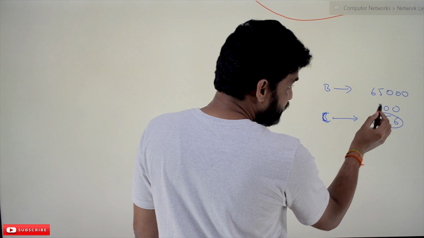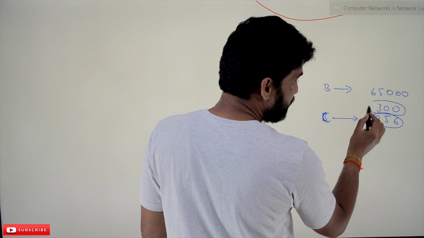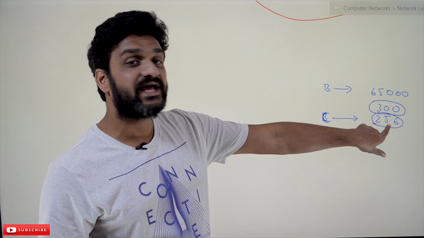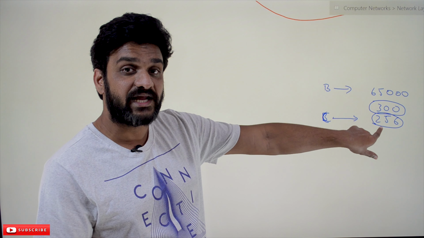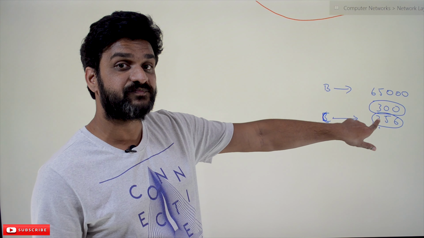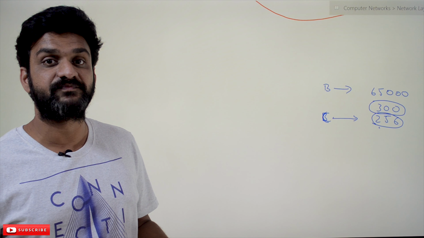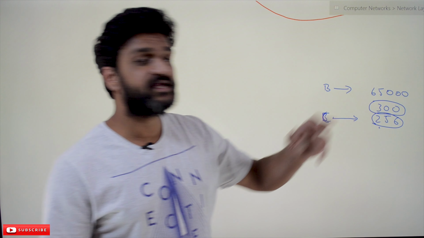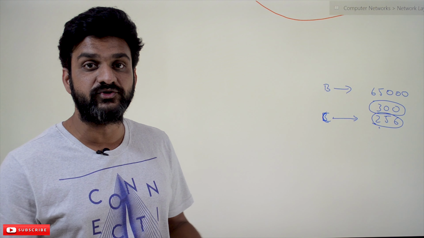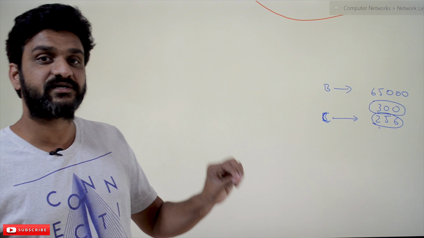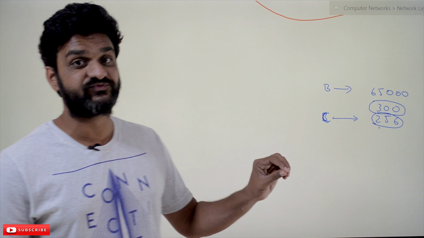So to establish a network with 300 systems, we cannot opt for class C. We have to go for class B addressing, which means all the remaining IP addresses are of no use, they are wasted. This is one of the major disadvantages of classful addressing.